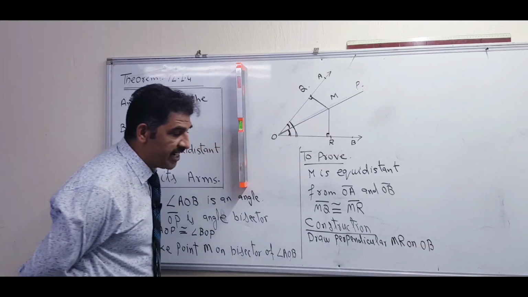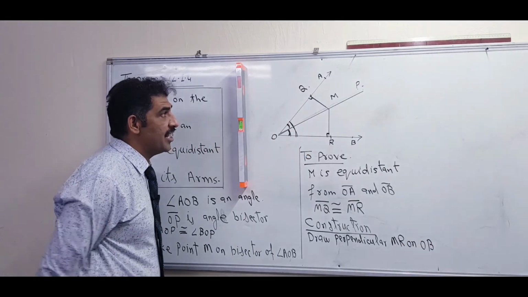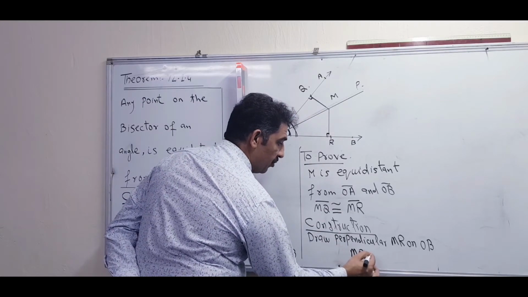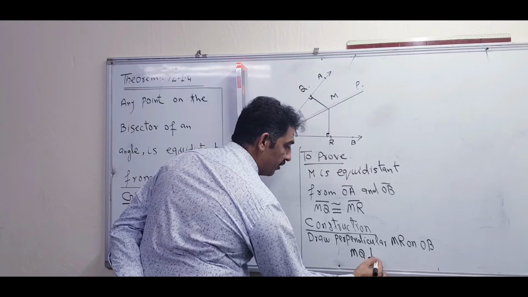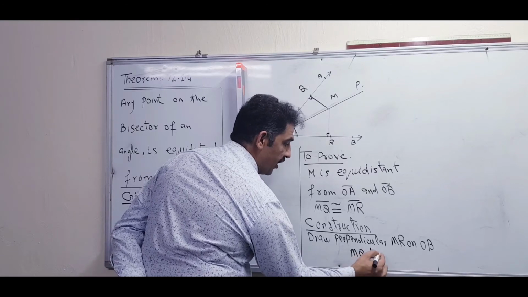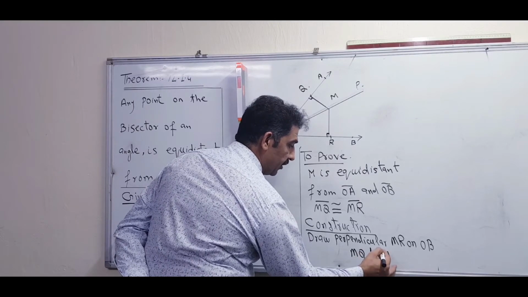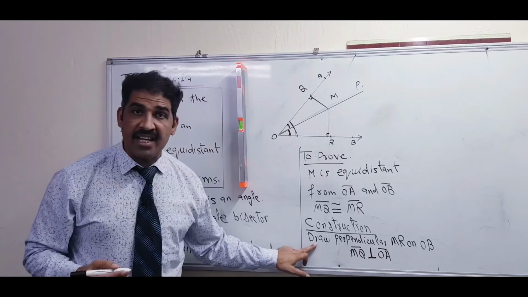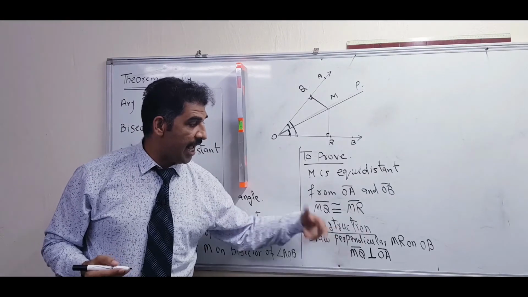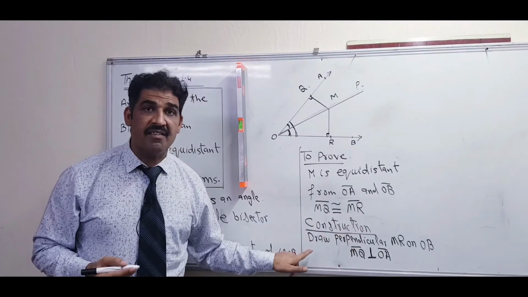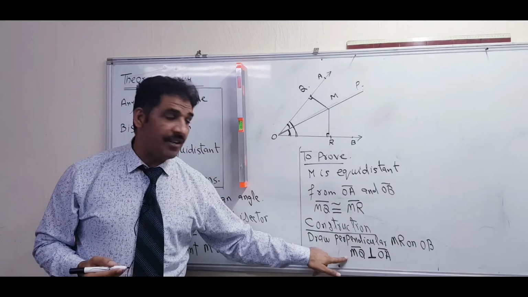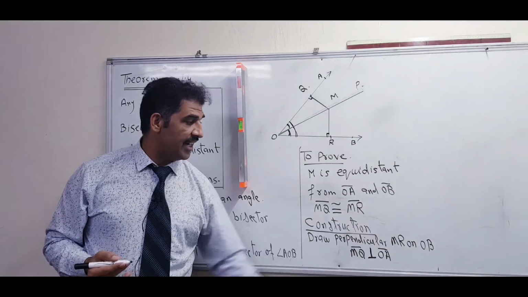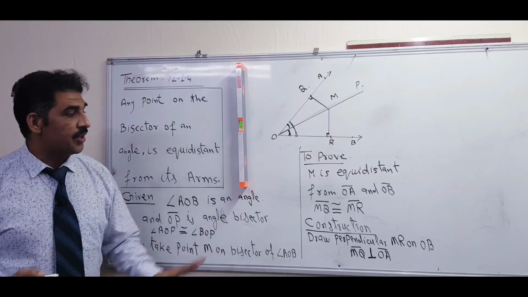If you write in words, you will write like that. If you write mathematically, then you can also write that MQ is perpendicular on OA, using this sign for perpendicular. So I explain in both ways. In wording, draw perpendicular MR on OB. And if mathematically you write MQ is perpendicular on OA, it is also correct. If you write MR perpendicular on OB, it is also correct.